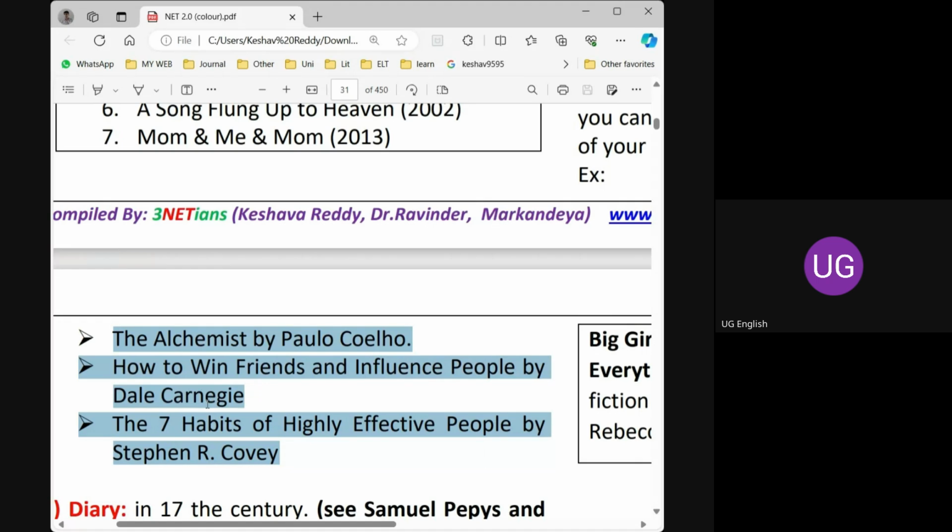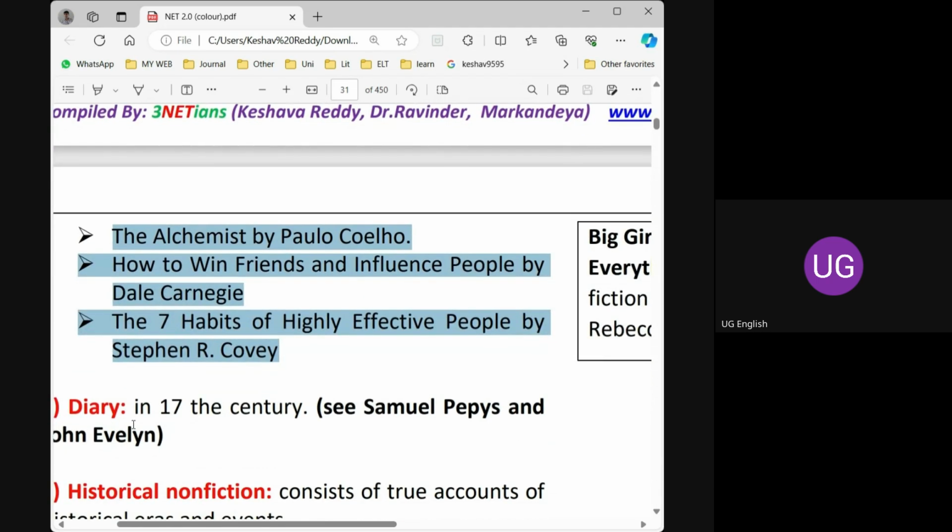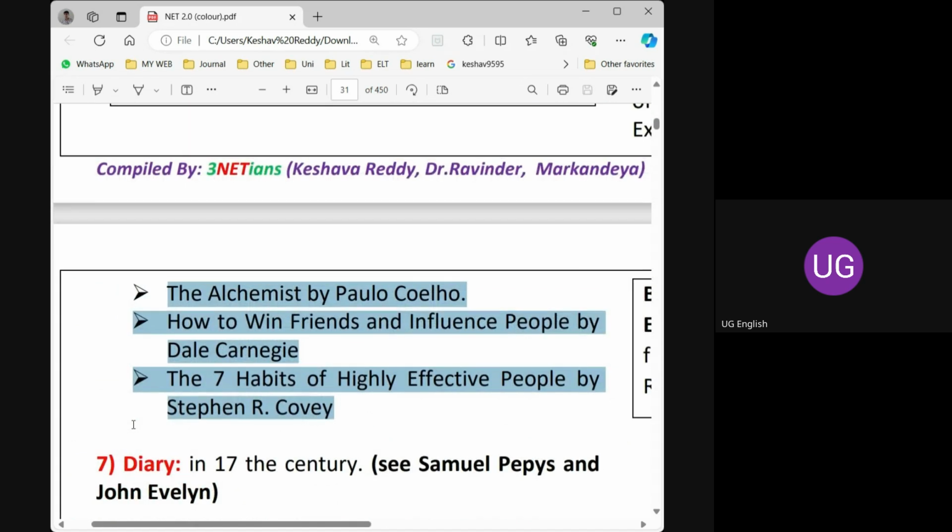The Alchemist by Paulo Coelho, everyone should read this book. How to Win Friends and Influence People by Dale Carnegie. The Seven Habits of Highly Effective People by Stephen R. Covey. All these are categorized as self-help books, and this is also a type of genre in non-fiction writing.